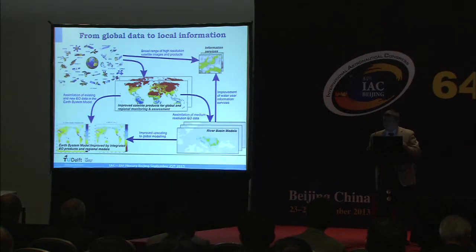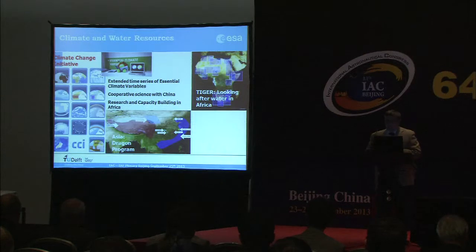And in my conclusion, I will briefly get back to these statements. Now, the European Space Agency is responding to these challenges, besides developing new sensors and new platforms, in very specific ways.